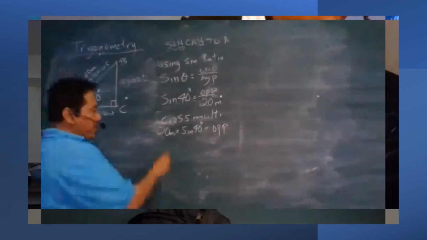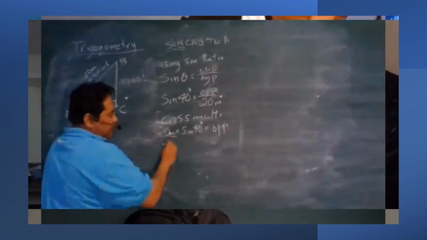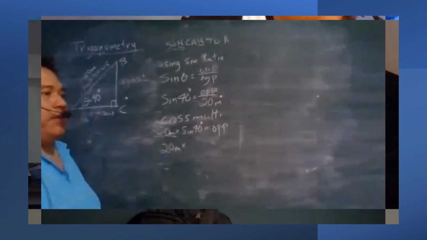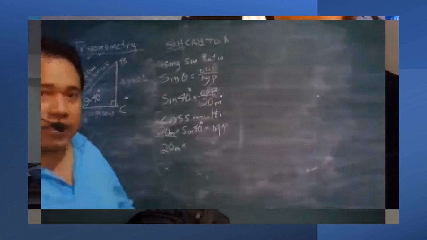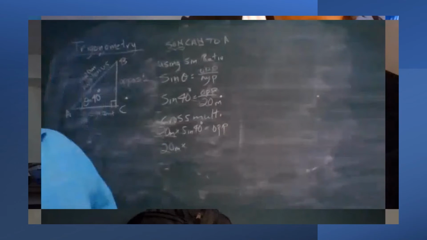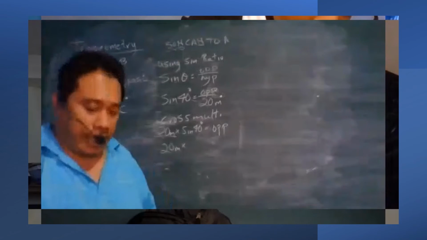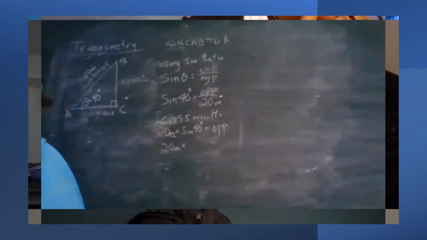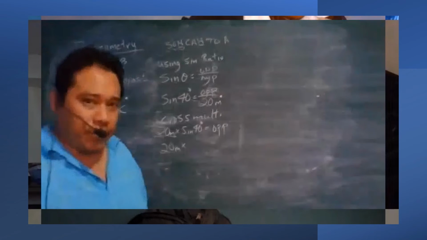Since 20 is a multiple of 10, and it's not a weird number, it's easy to multiply by 2, I will use my natural sine. So if the number is like, let's say, 45.3, then I will have to use my log tables.